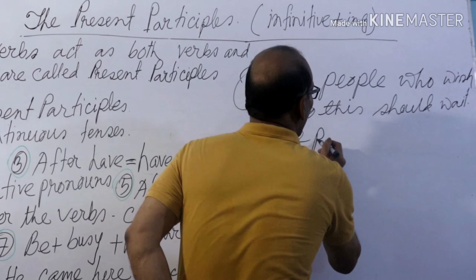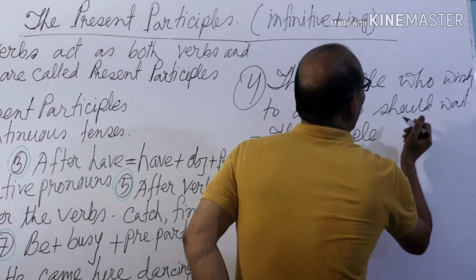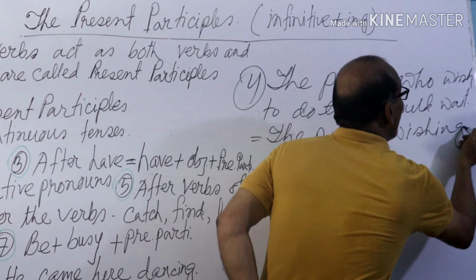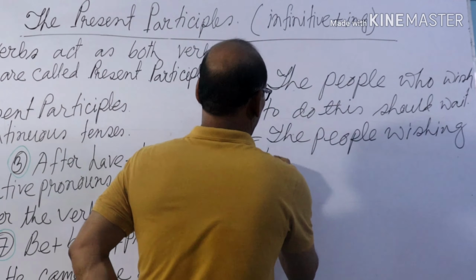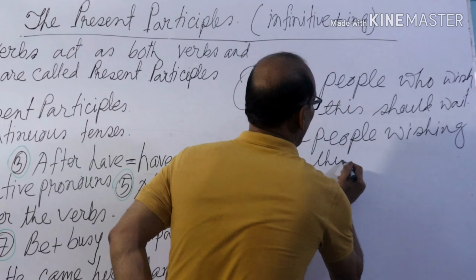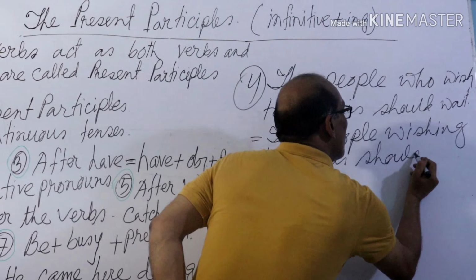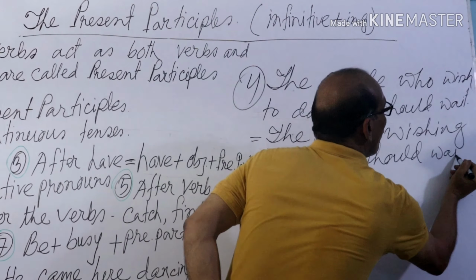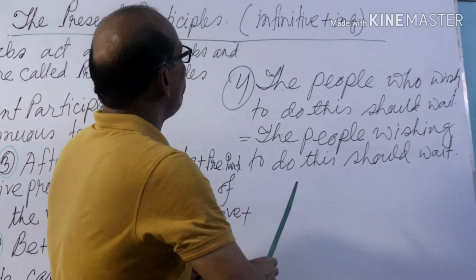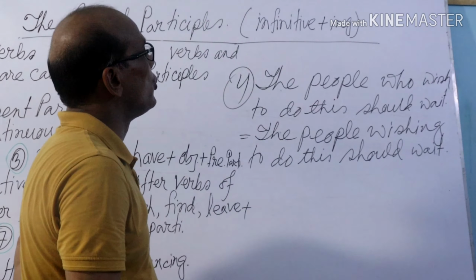The people wishing to do this should wait. Dear learners, you see, in the given sentence, the people who wish to do this should wait.